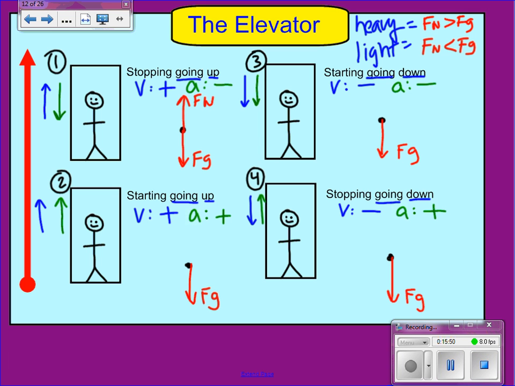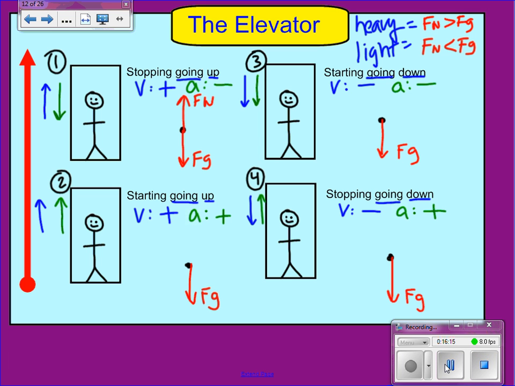There are two ways you can think about this. The first way is the conceptual way. Remember, objects in motion want to stay in motion. So think about you. You are stopping, going up. You're on the elevator, going constant velocity. You get near the top, and all of a sudden, the elevator starts slowing down. What does your body want to keep doing? It wants to keep going up, right?